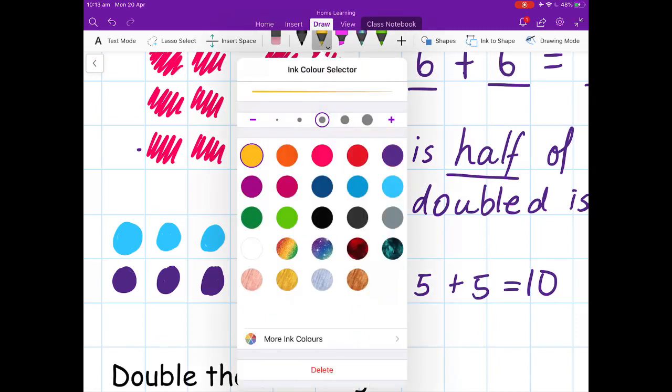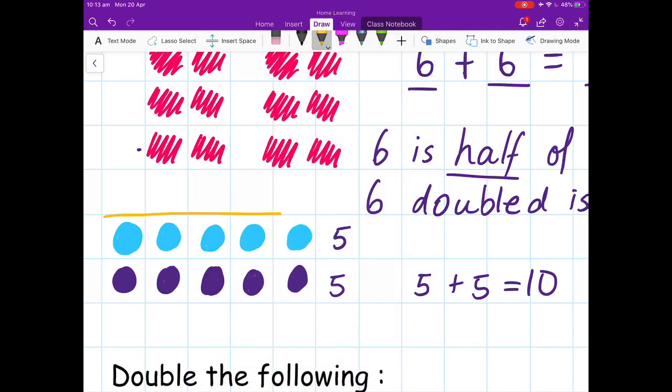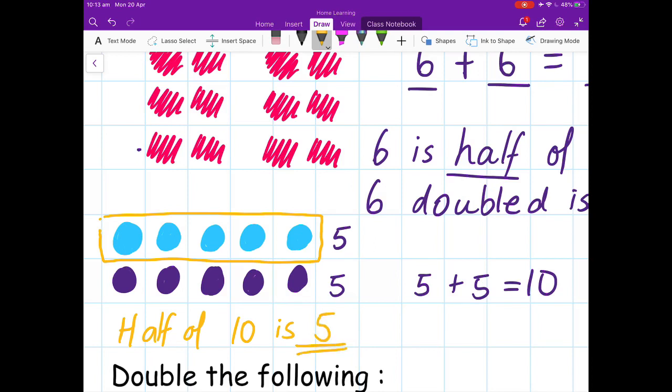And you can also see, I'm just going to change my color for you, half of 10 is 5. Because I've split all of my dots, I have 10 dots altogether, and half of them are inside the yellow box, and half of 10 is 5. I hope you're following.